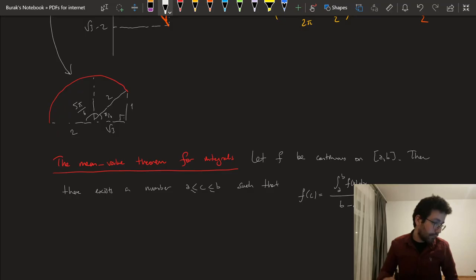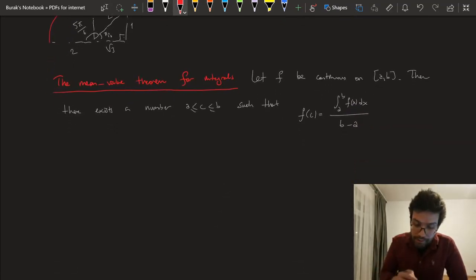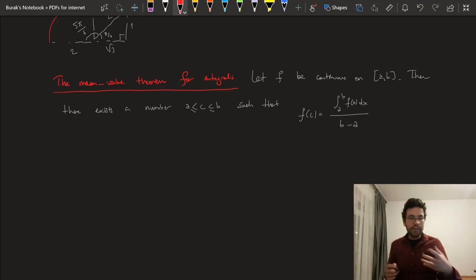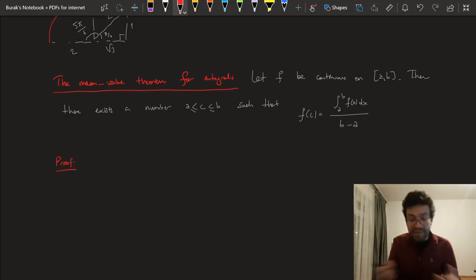Okay? So let me first prove this, then we're going to talk about why this is called the mean value theorem for integrals and what this means geometrically. Well, what this means geometrically, you will see it actually in the proof, okay?